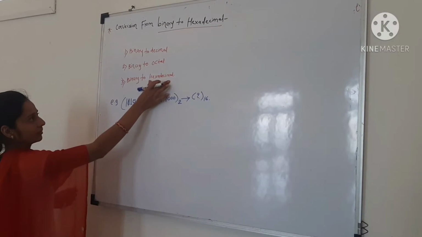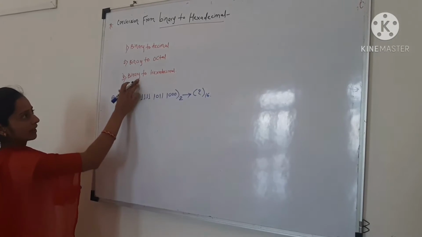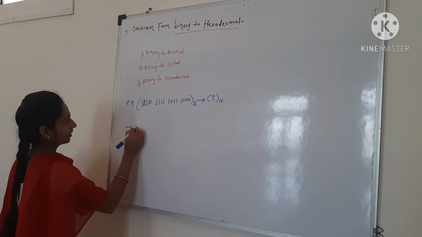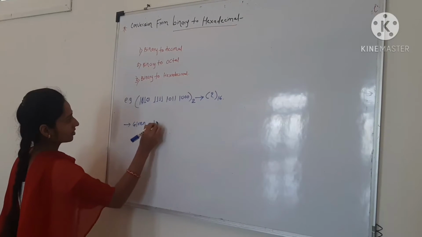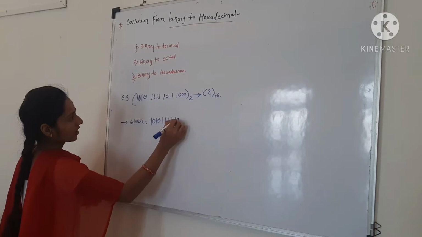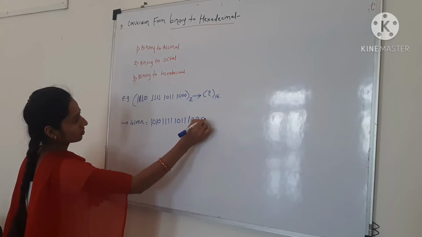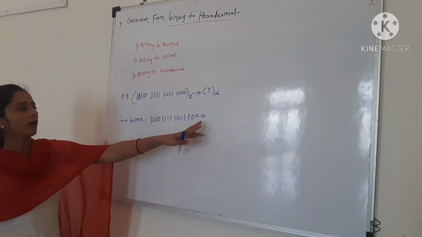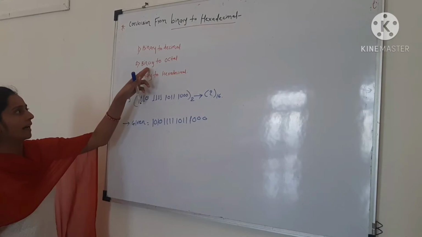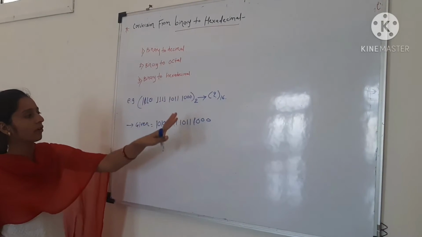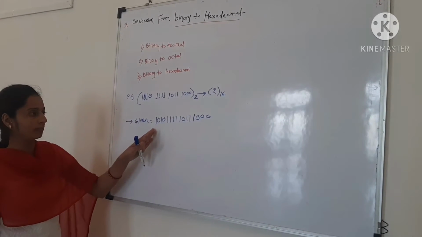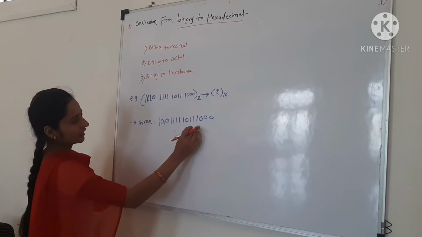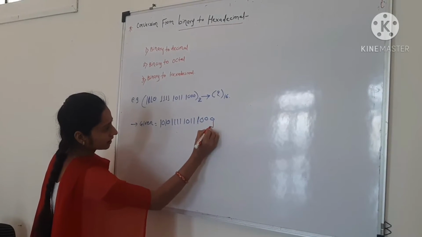The difference in hexadecimal is that we have to group the binary number into sections of 4 bits, starting from LSB to MSB. In octal the grouping size is 3 bits; in hexadecimal, the grouping size is 4 bits. So let's start the grouping.